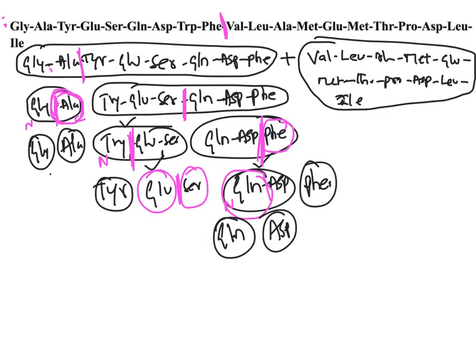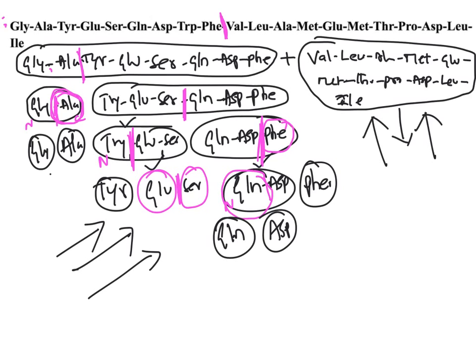In the same way, you can go on doing that kind of breakage on the other fragment too. It will take a long time for me to explain all these fragments and how to digest them. So the principle is very similar to what I have explained for one of the fragments here.